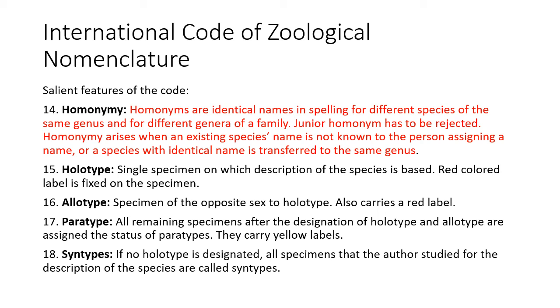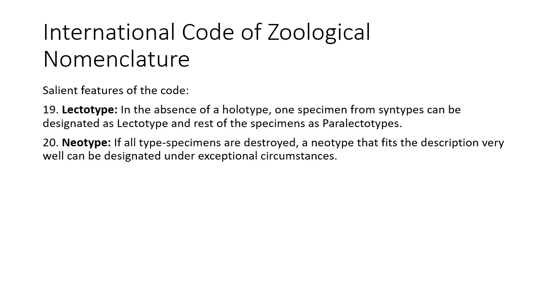Then paratypes are all the other specimens of that species that are left after you have designated one specimen as the holotype, one specimen as the allotype. They carry yellow labels. Then syntypes are specimens. For example, if the author, when describing, does not assign any specimen as a holotype, then all the specimens that the author studied are called syntypes. Next is lectotype.